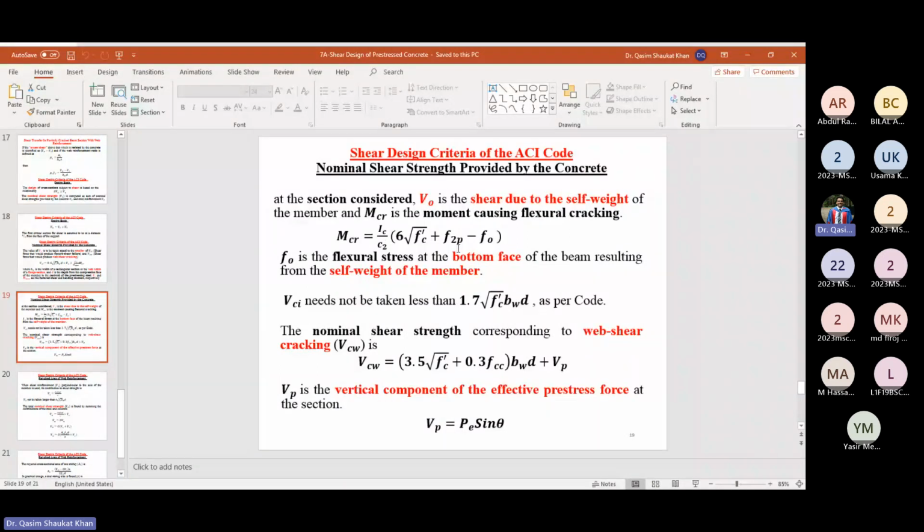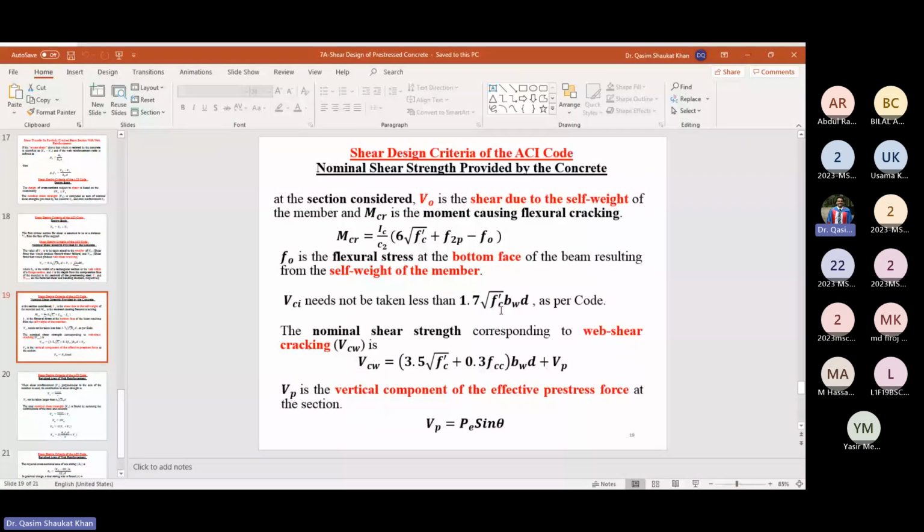F2P, these are basically your tensile stresses at the bottom face. F naught is the flexural stress at the bottom face resulting from the self weight of the member. VCI need not be less than 1.7 under root FC prime BWD.